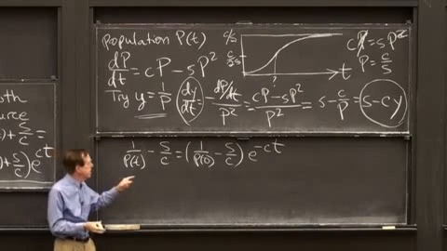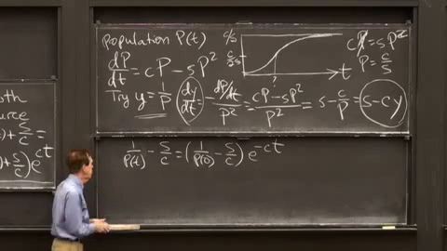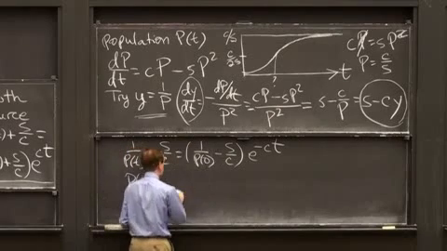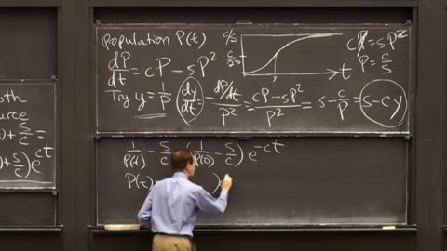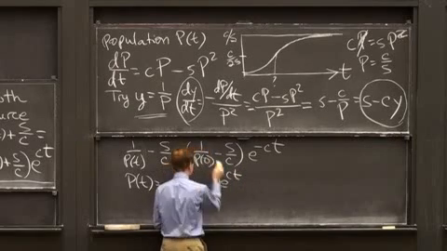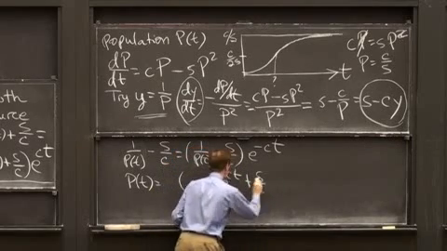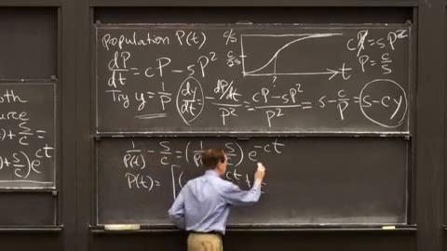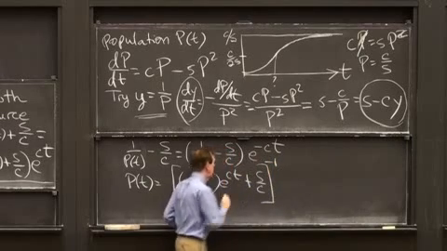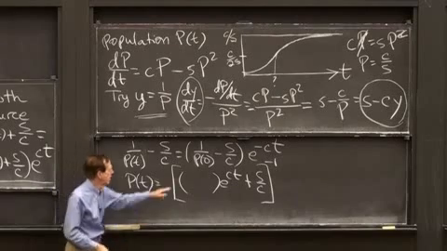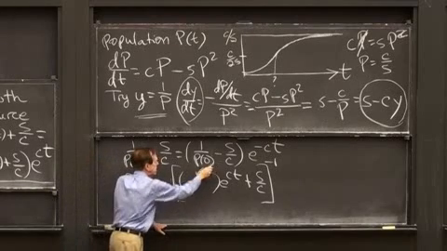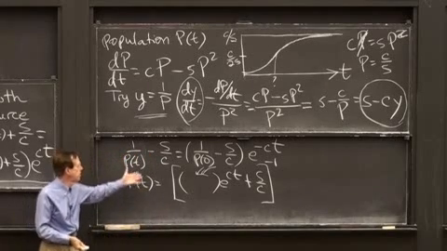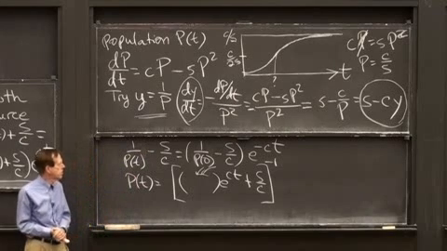And that is the solution. Well, maybe I should do that. P of t is, I'm going to move this over. So this same parenthesis times e to the ct plus s over c, I moved that over. And then I have to flip it, so it's 1 over all that stuff, where this is just this stuff copied again. So we get an expression, but to me that top one looks pretty nice.